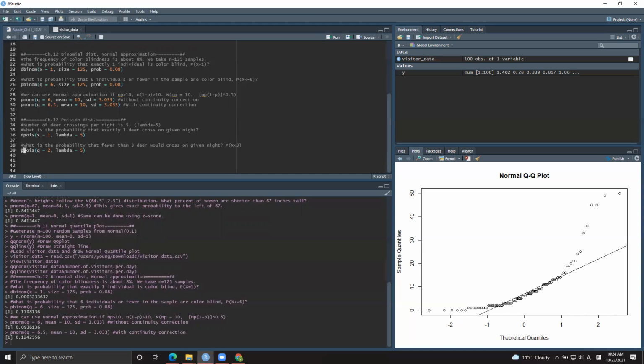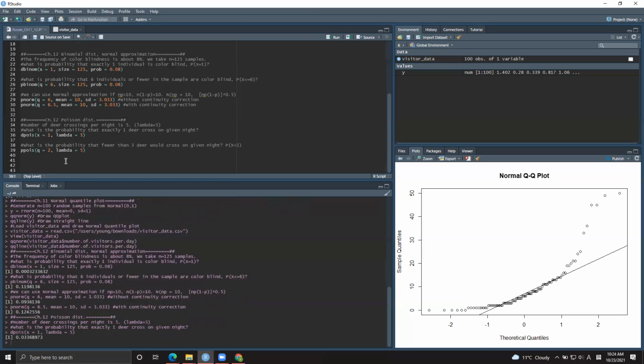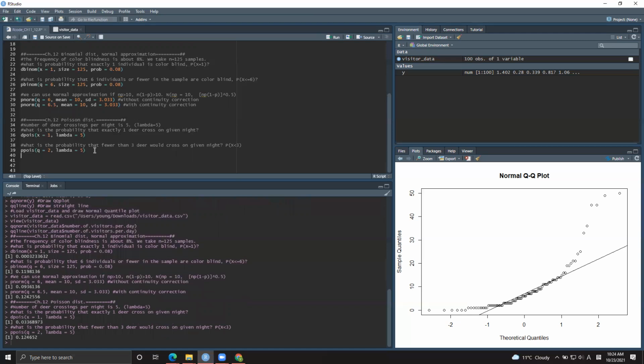So we have p, which is cumulative up to this point, which is 2, and this is again Poisson, so it will give you the probability. So if you run that line, what is the probability of X equal to exactly 1? There's only one deer crossing. It's only about 3%. And if you run this, what is the probability of fewer than 3 deer crossing? It is about 12%.